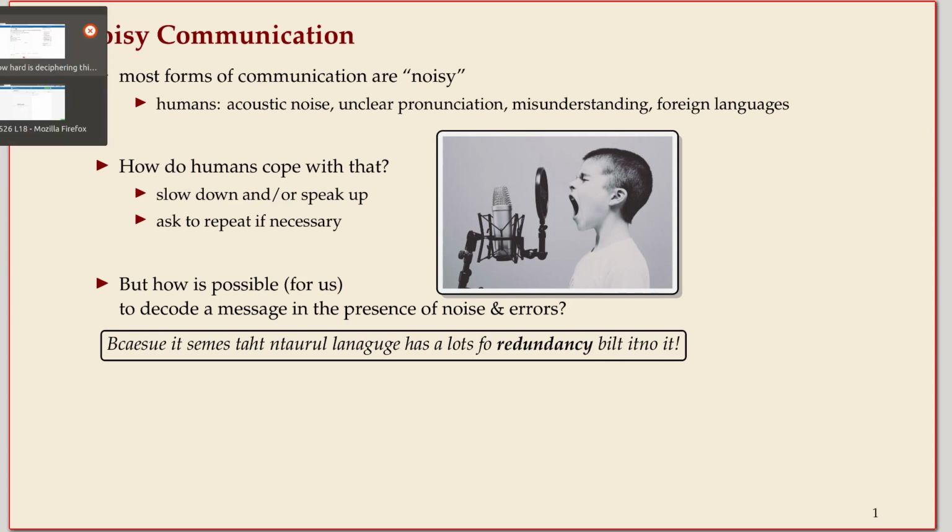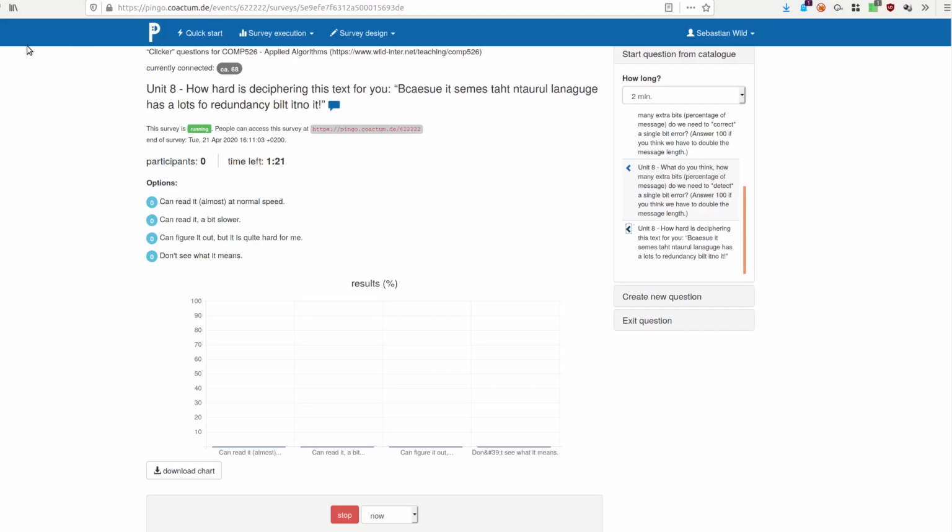It's possible we don't need the full 2 minutes for this, but I'll give you a little bit more time. If you're done, then write me in the live chat that you're done. Maybe this is an effective way to use the live chat.